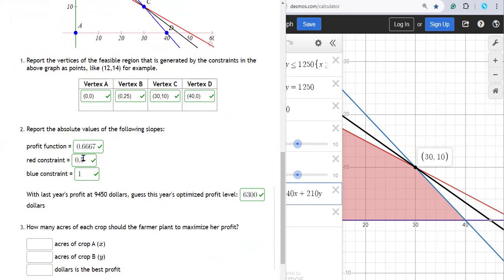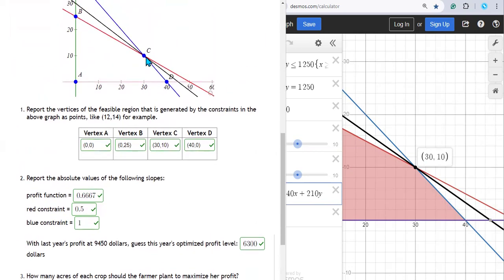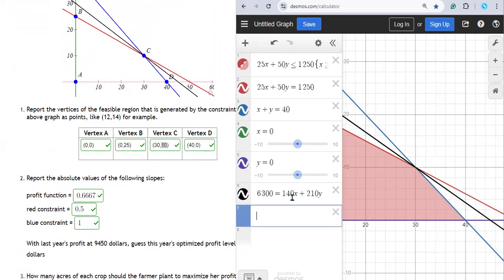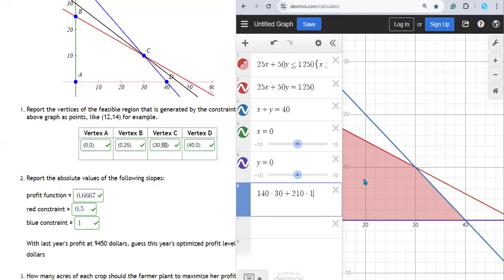The profit function slope is between the red and blue constraint. That means point C is the optimal solution. So when X is 30, Y is 10, we should be at maximum profits, right? So let's do this. X is 30. Y is 10. And when we do the arithmetic, we get 6,300.